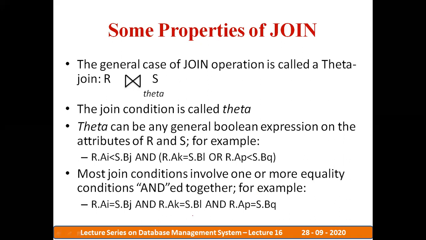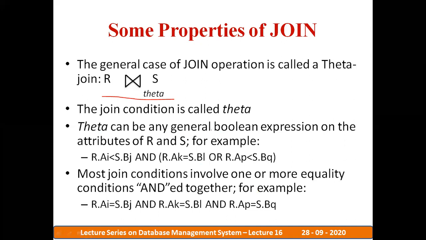Now let us see the theta join. The general case of a join operation is called the theta join. The theta join is represented as R, the join symbol, and S. Whatever we have discussed till now are all theta joins. The joining condition here we call theta.